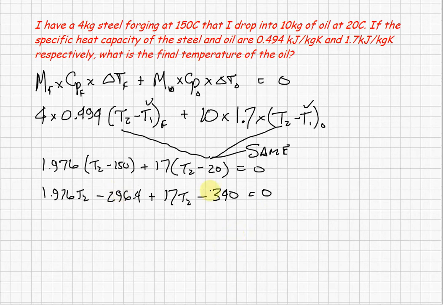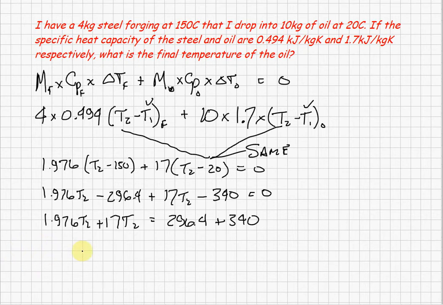All right, let's bring both of these two across. 1.976 T2 plus 17 T2 equals 296.4 plus 340.